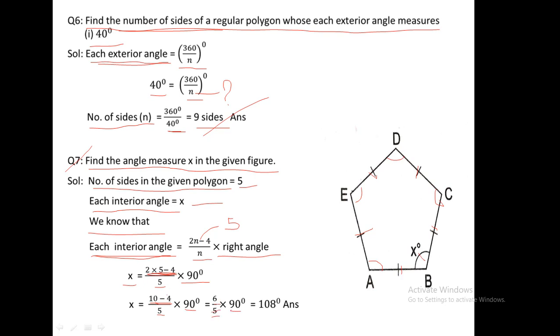Now 5 and 90 can be cancelled: 5 ones are 5, 5 eighteens are 90. Now 18 multiplied by 6 comes to 108 degrees. So the required answer is 108 degrees. The value of x is 108 degrees.